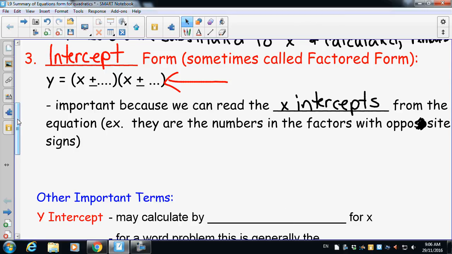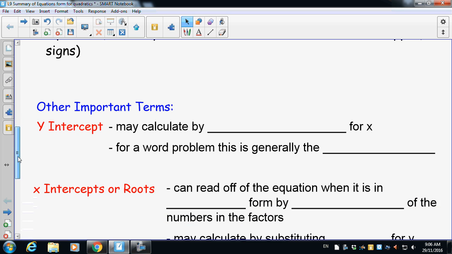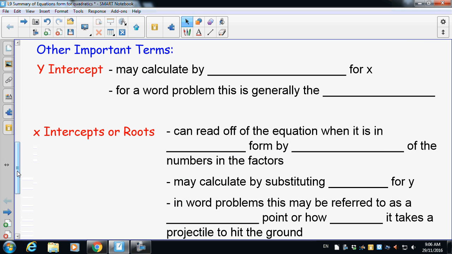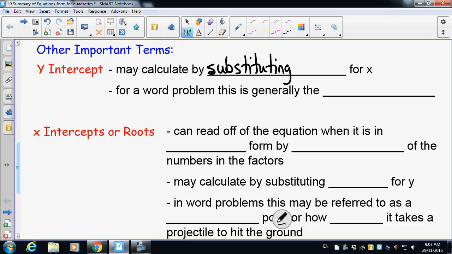Other important terms that we have thrown around with graphing: y-intercept, x-intercept, and there's a third one, but we'll get to that. The y-intercept we just talked about may be calculated by substituting 0 for x. For a word problem, the y-intercept will generally tell us the initial value.